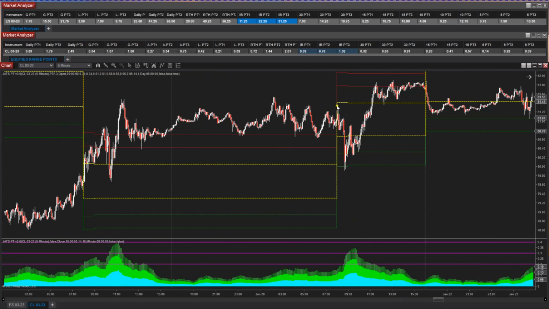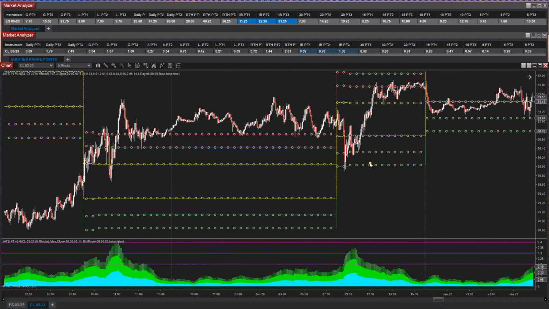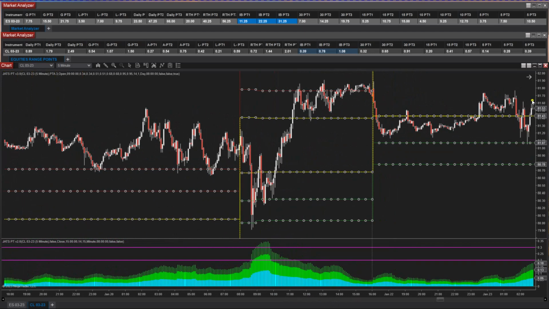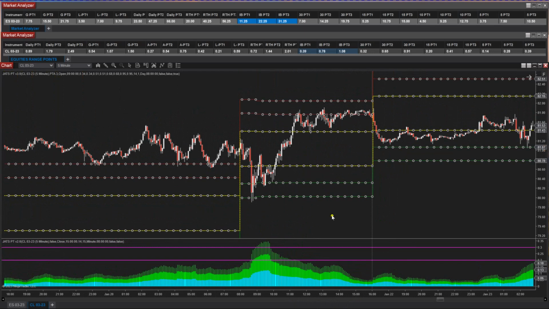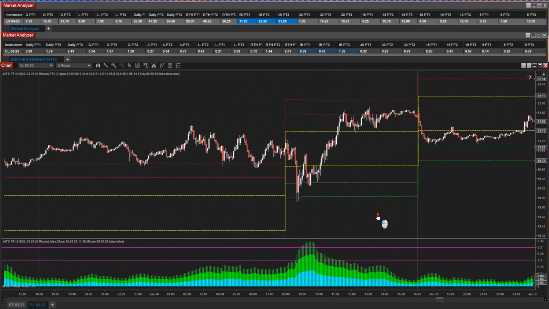But you can see how the algos, they're very much algorithmic. They trade ranges. They like these 14 period ranges.